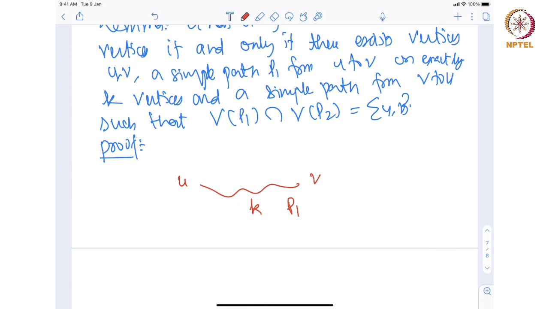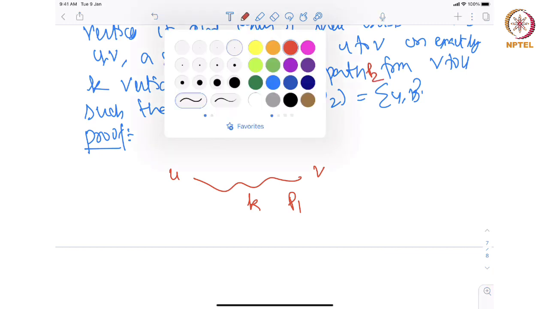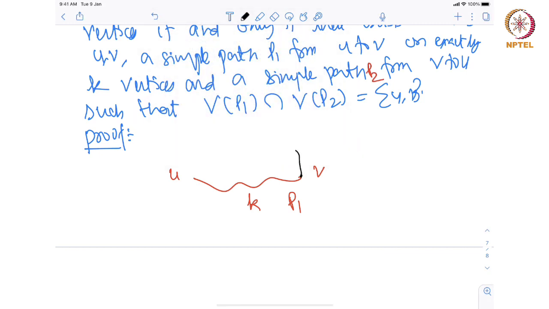The intersection of these two is only at u and v. So, this will imply a directed cycle of length at least k. Okay. Why is this true?